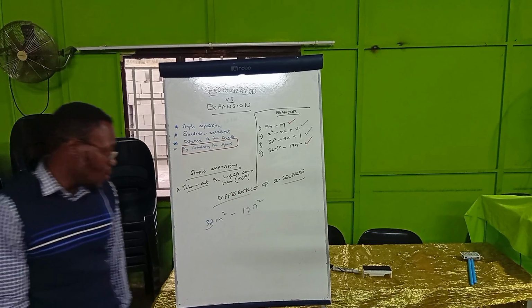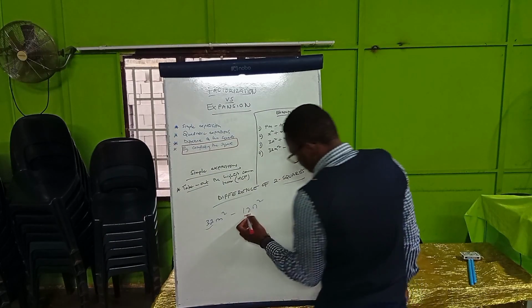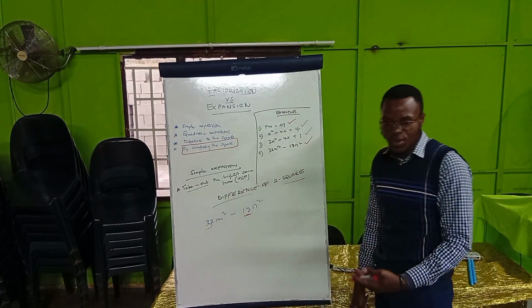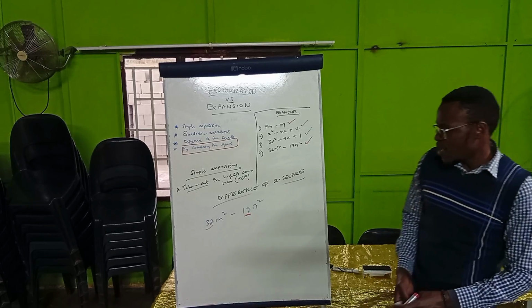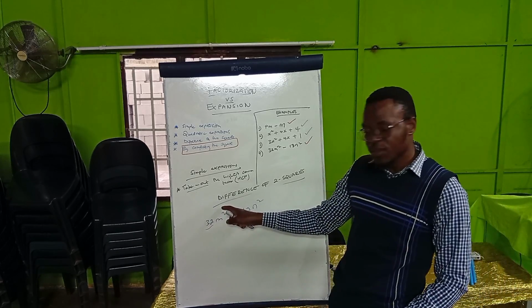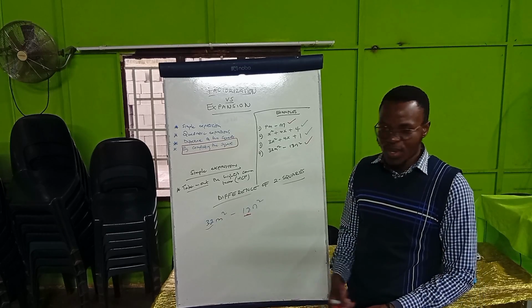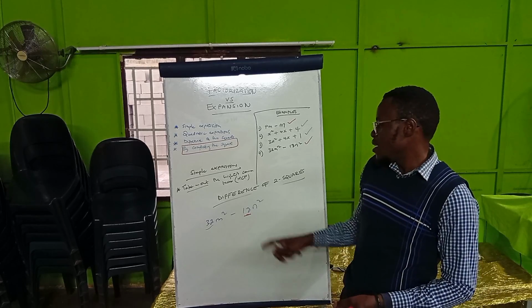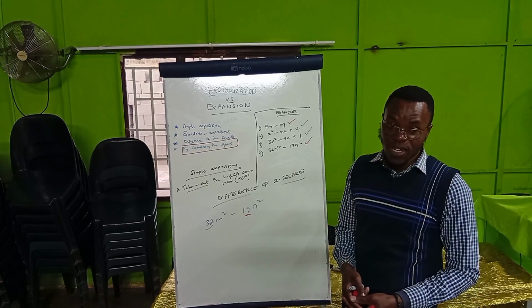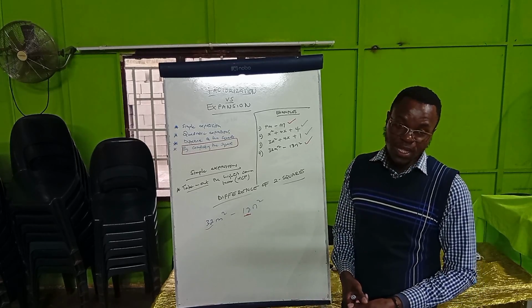So the reason we cannot factorize this as it is, there is something that we will have to do before we factorize. It is because if you say the square root of that, you can only get the square root of m squared. You can't get the square root of 32. It will be a decimal value. Even in this case, you can get the square root of n squared, but you can't get the square root of 18.